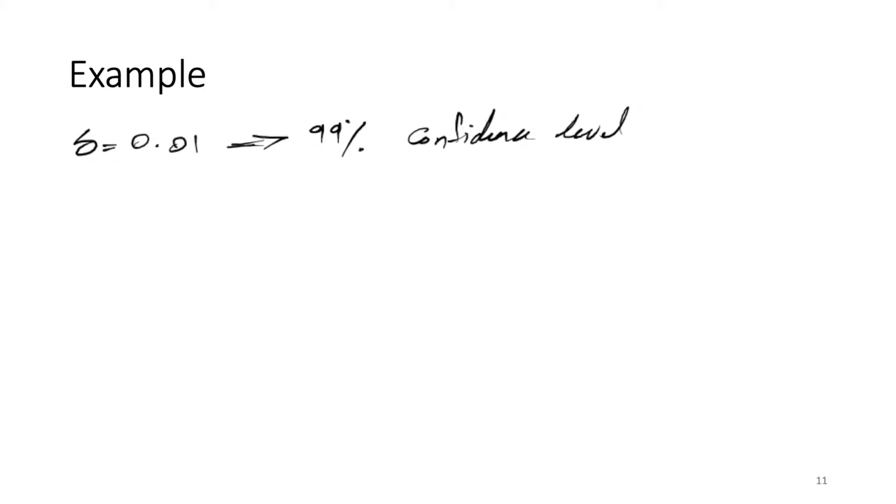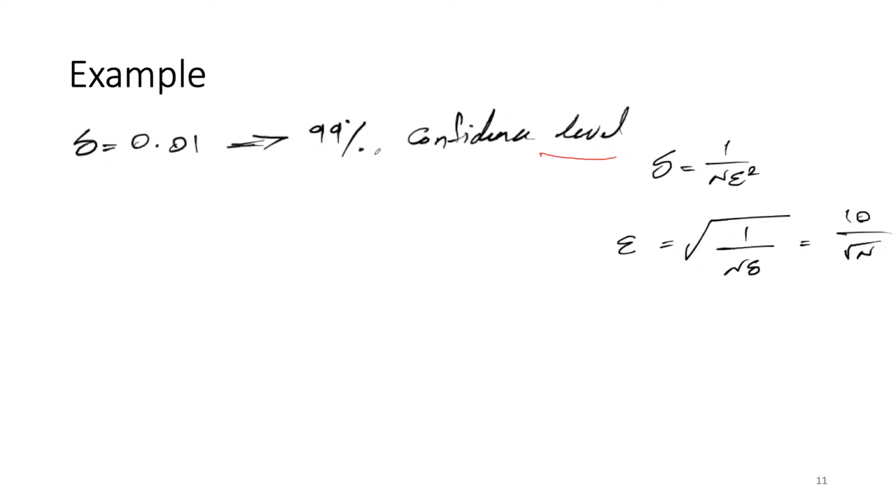Okay, so let's see an example. So delta is 1%, 0.01. So the confidence level becomes 99%. So we can calculate this. Delta would be 1 over n, sigma square over epsilon square, or epsilon is the square root of 1 over n delta, changing these two.